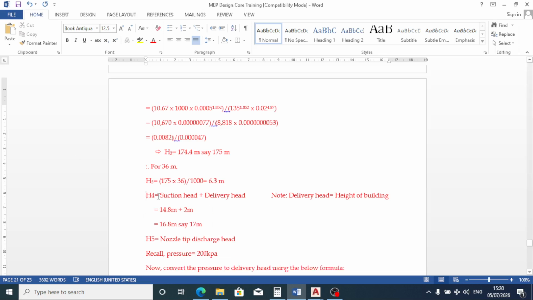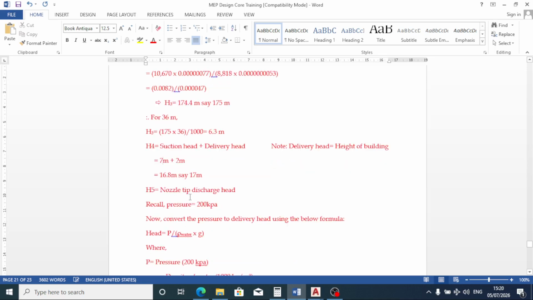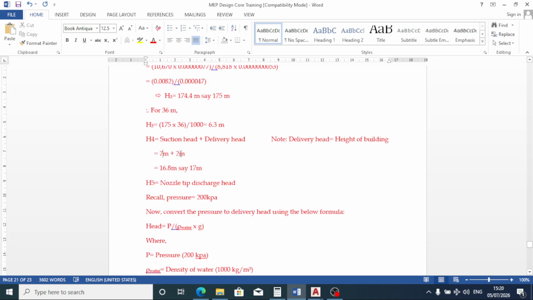Now our H4 is suction head plus delivery head. Remember our delivery head we said is the height of our building. So the height of our building is 7 meters, while the suction head is 2 meters. So this suction head is the pressure encountered when the pump is exerting an extra energy to siphon the water from the source.